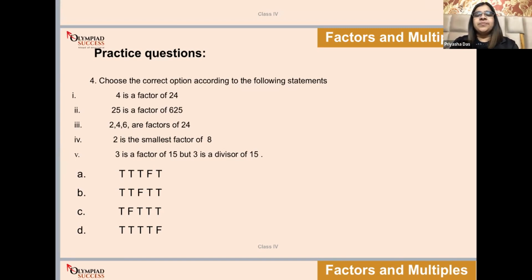Good job. Okay. What are we going to do here? See, what's the normal process of doing this question? The normal process is that we'll keep checking each option, all the 5 statements. But we'll not do that because we are learning for level 2, not for level 1. So we'll try to reduce our time.